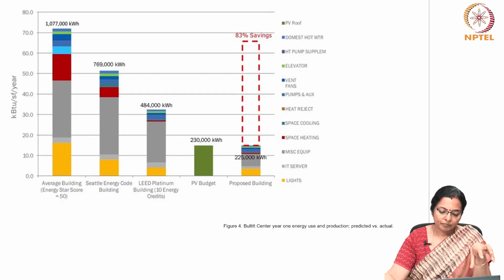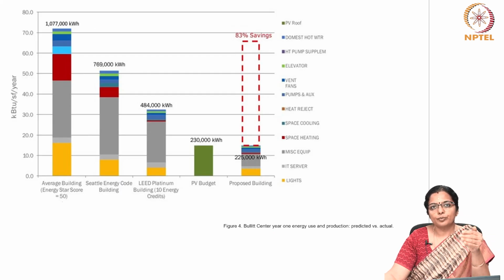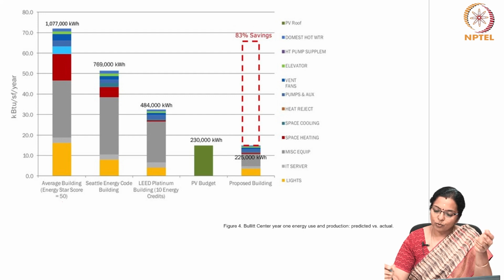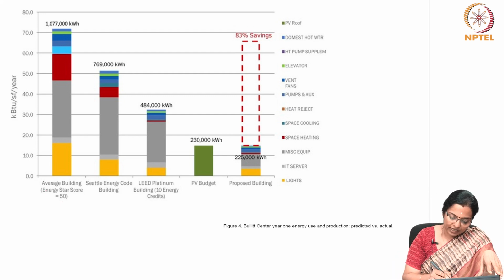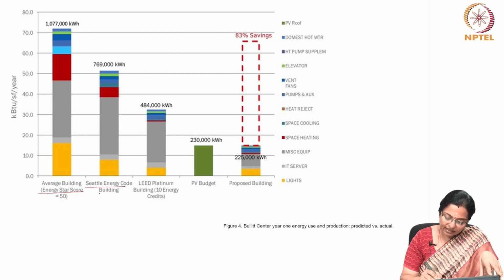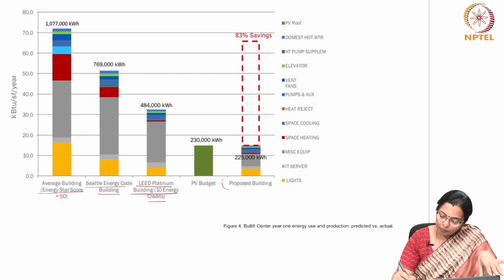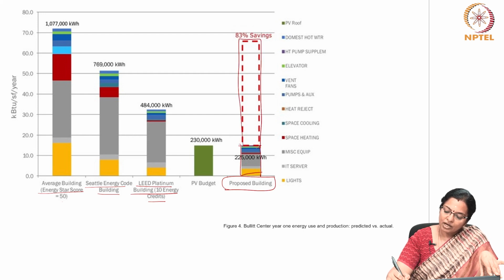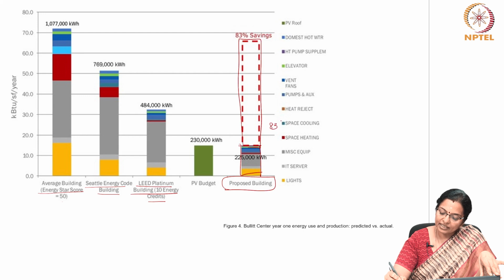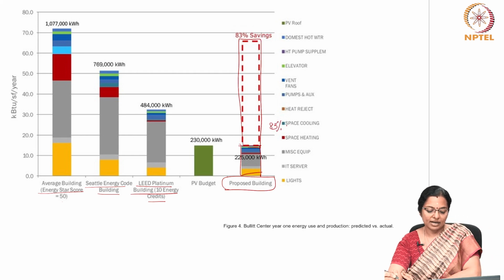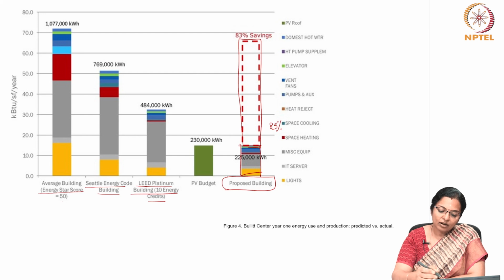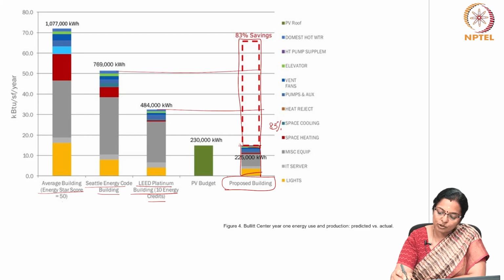So, this graph suggests how much energy should be used for which criteria, and you can see that as compared to the Energy Star score, the Seattle Energy Code building, or the LEED Platinum building, the proposed building consumes energy which is less by 83% as compared to the Energy Star score, and as compared to the other systems also, it uses much less energy.